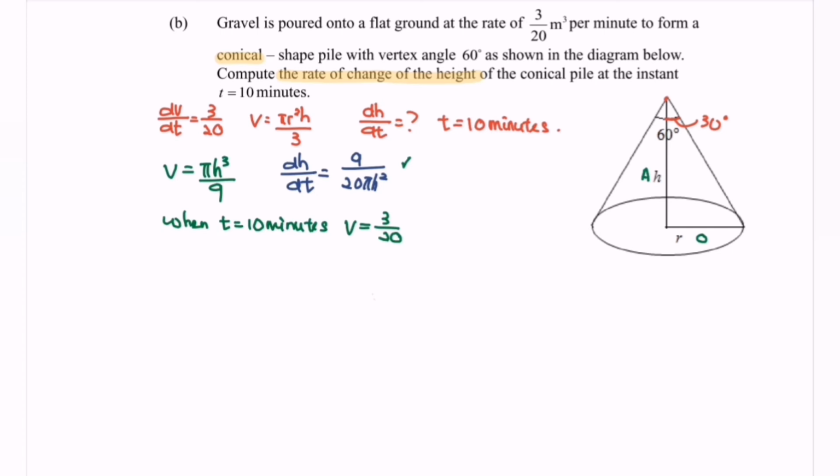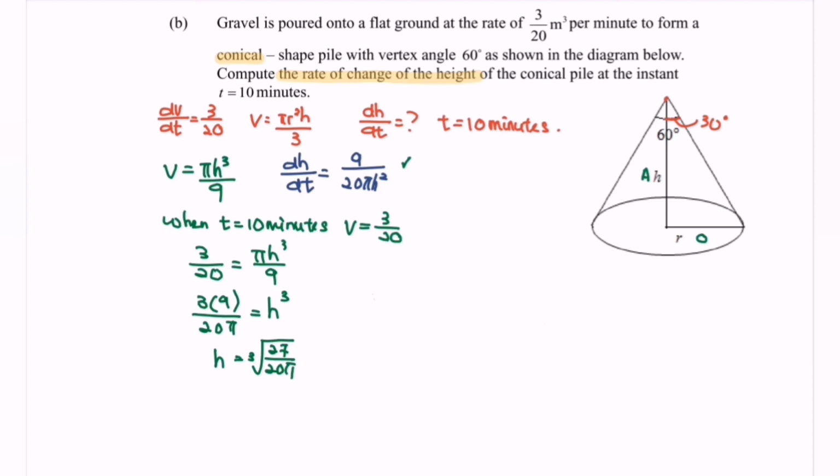Next, what we have to do is to substitute the situation where 3/20 is equal to pi h cubed over 9. Rewrite the situation, so we will have 3 multiplied with 9/20 pi is equal to h cubed. So h will be equal to cube root of 27/20 pi.